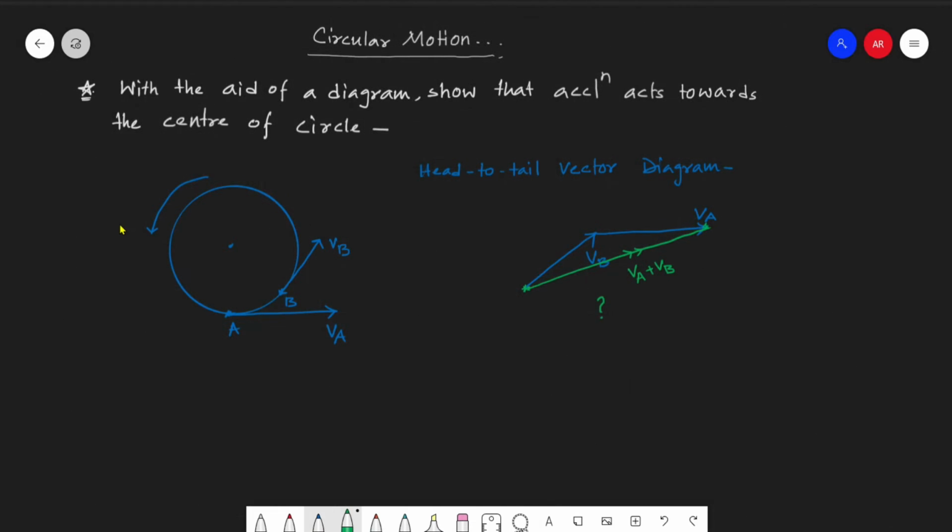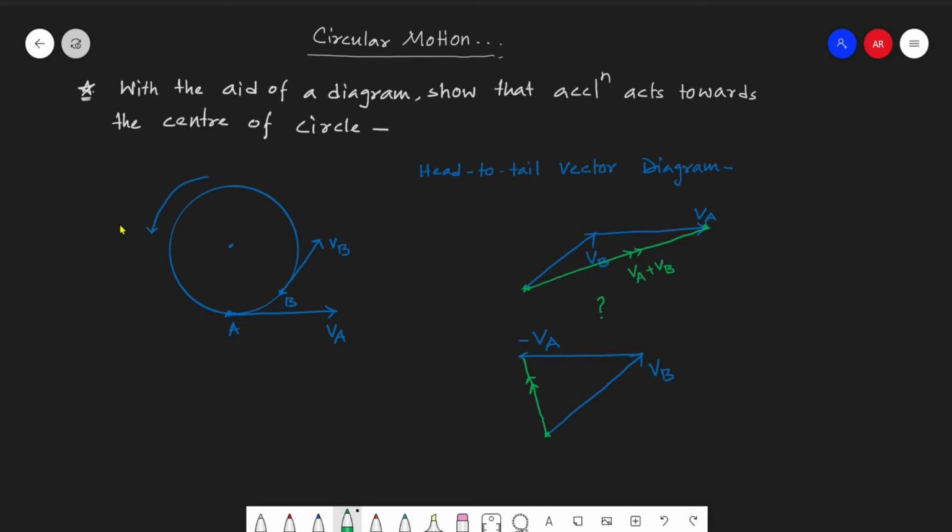Because we know that acceleration is the rate of change of velocity. So rate of change of velocity means the difference of velocities. But here by this vector diagram, we got the addition of the velocities. So this is why, look at this now, the diagram I drew, I just changed the direction of VA.